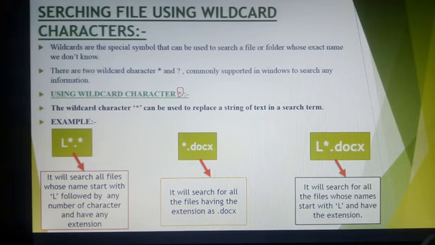L star dot star will search all the files starting with the name L followed by any number of characters, followed by any number of characters, and having an extension. Here the dot operator is there. We will learn about file formats in the next video, in the next part.